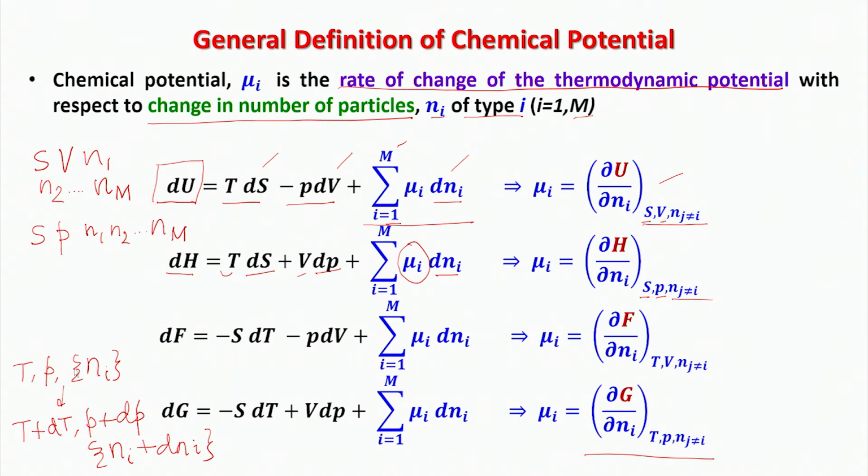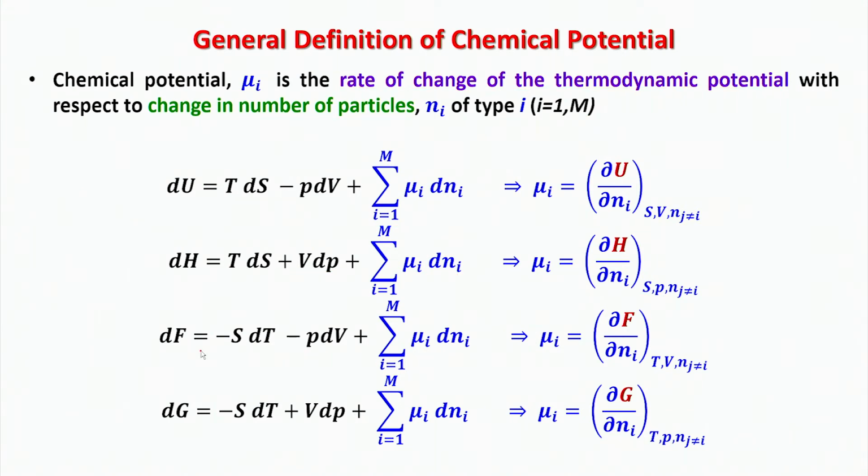Now, during this change in state, you would understand that G will go from G to G plus dG. And my question is, what is dG?